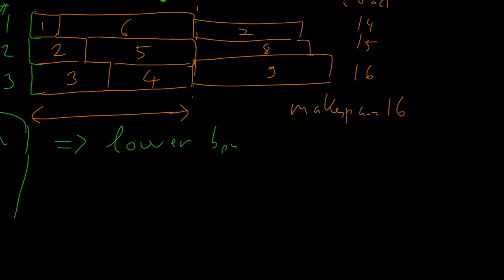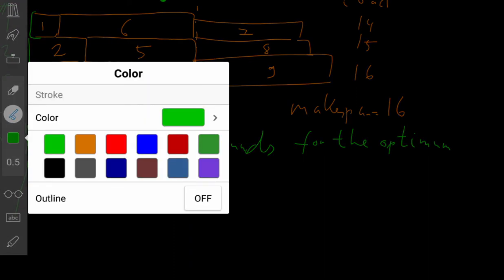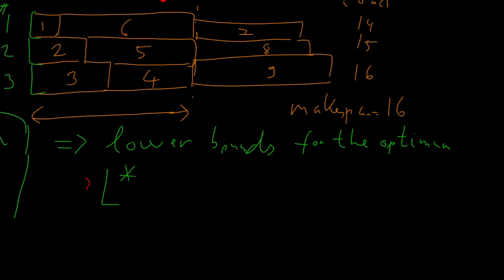Remember, if we want to compute competitive ratios, then it's fine if we have lower bounds for the optimum and upper bounds for the solution. Lower bounds for the optimum L star; usually L star denotes the optimum, so in the scheduling context, L star will denote the optimum value.